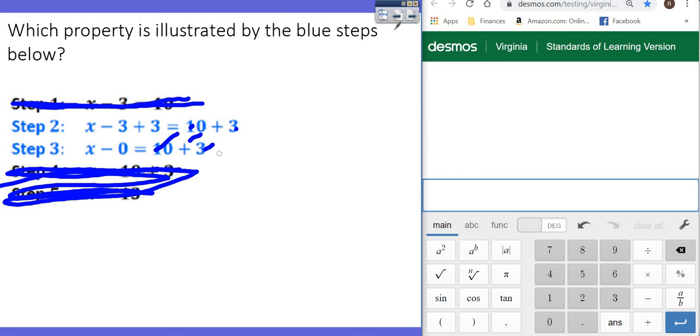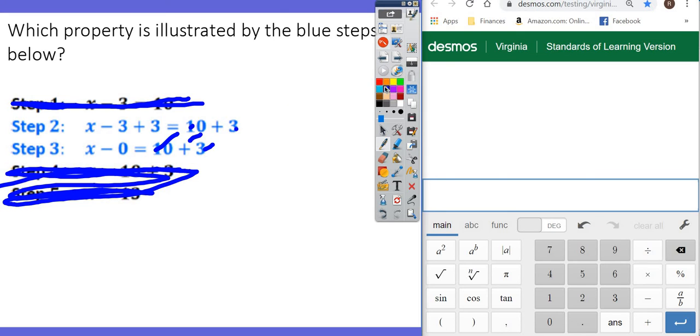So what happened here, let me go ahead and get a different color, is you wanted to get rid of that -3 to get that x alone because minus 0 means nothing. So you added another 3 to each side. So since you're adding, you know it's going to be additive.